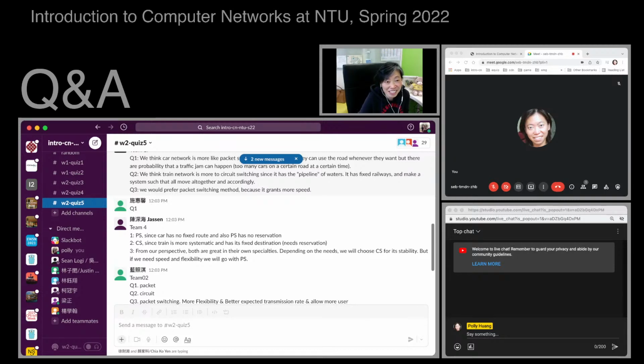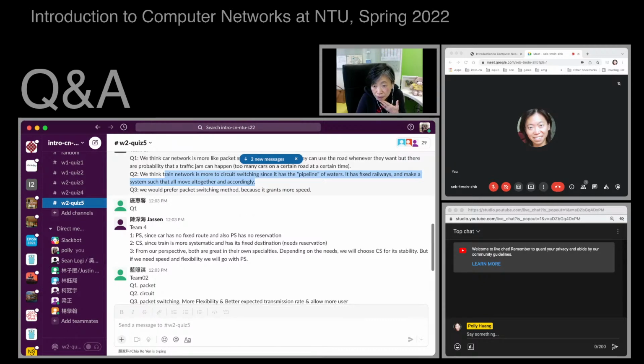How the train system works is in fact very interesting. At places you see that it resembles the internet, and at places you see that it resembles the telephone network as well. So train network, based on Team 1's explanation, does look a little bit circuit switched.